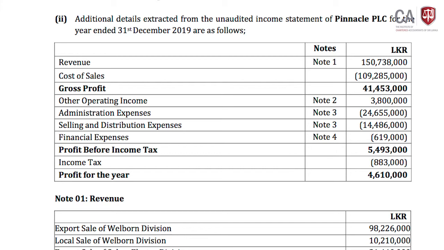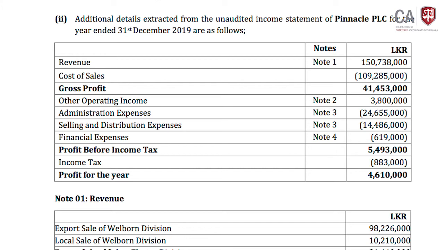Then here the revenue in note 1, cost of sales, gross profit, then other operating income, administration expenses, selling and distribution, financial expenses, and we have a key point which we need, which is profit before income tax, which is your starting figure for the tax computation, 5.4 billion.